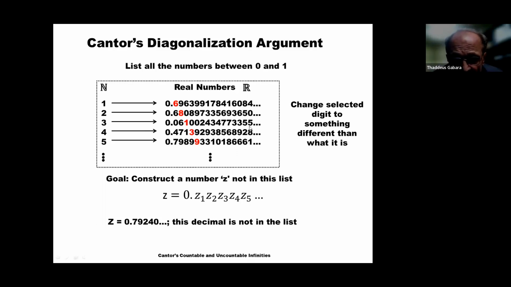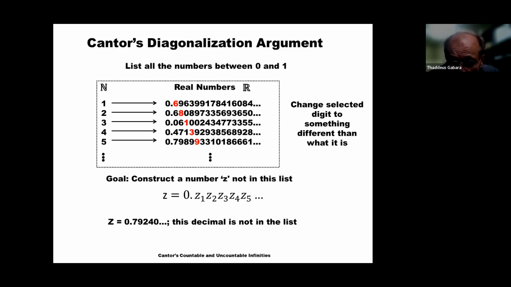Then I'll take my next number and assign it to 2. And he lists all of his numbers down to infinity. And he says to himself, I have got all the numbers. And he feels very happy about himself. And then he thinks about the diagonalization argument that he developed.